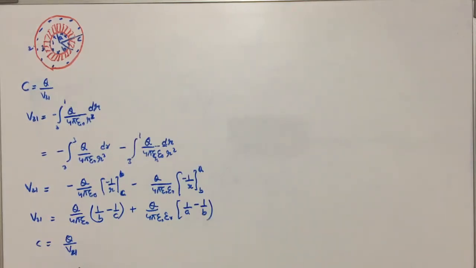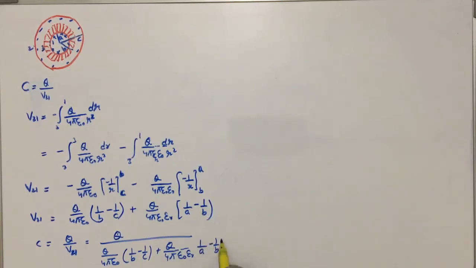It can be written as q by 4 pi epsilon naught, 1 by b minus 1 by c, plus q by 4 pi epsilon naught epsilon r, 1 by a minus 1 by b.